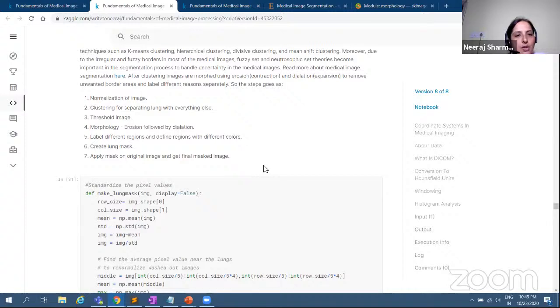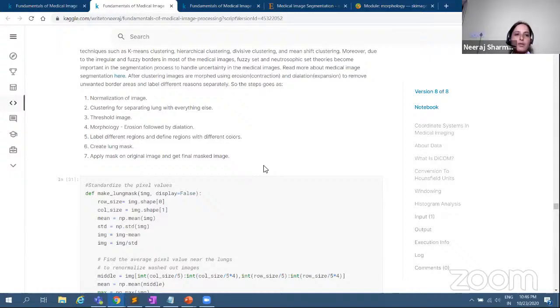The mean of all the clustering centers we use as a threshold, and anything above that we mark as 1, and anything below we mark as 0. So it is something like a binary image that we get after this threshold application.